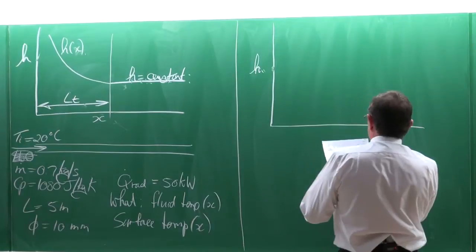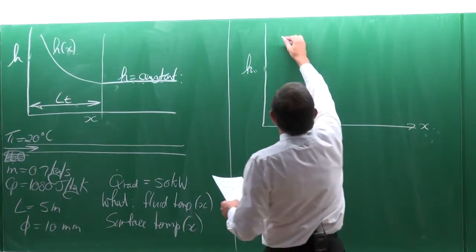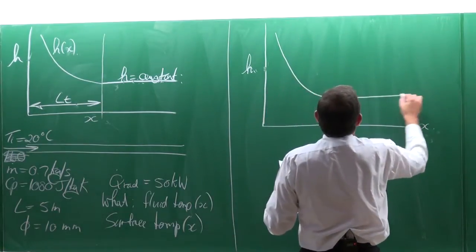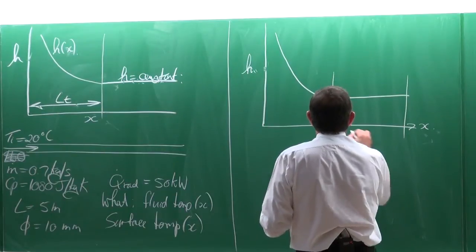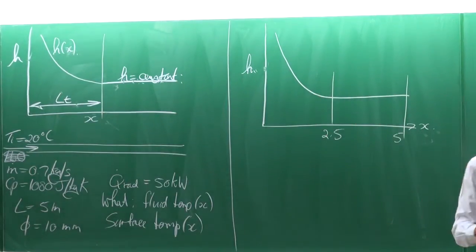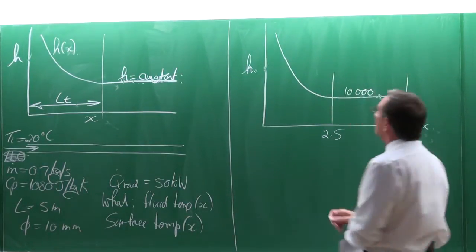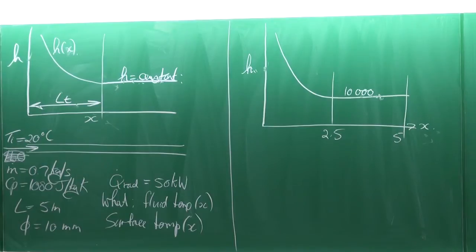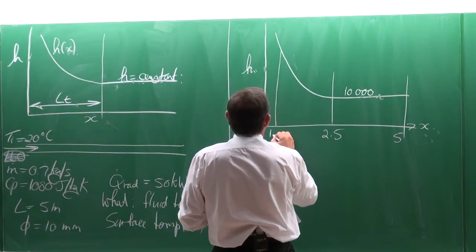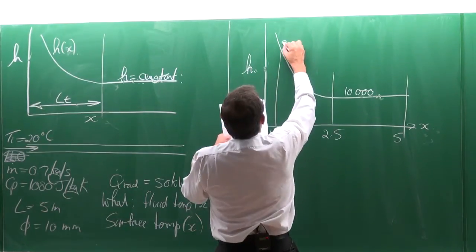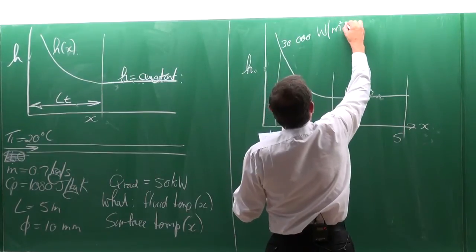So this would typically be the heat transfer coefficient as a function of x. And what I'm going to say is, well, the following. At 2.5 meters to 5 meters, the flow is fully developed and the heat transfer coefficient is 10,000 watts per square meter degree Celsius. And at a point 1 meter from the inlet, the heat transfer coefficient is 30,000 watts per square meter degree Celsius.